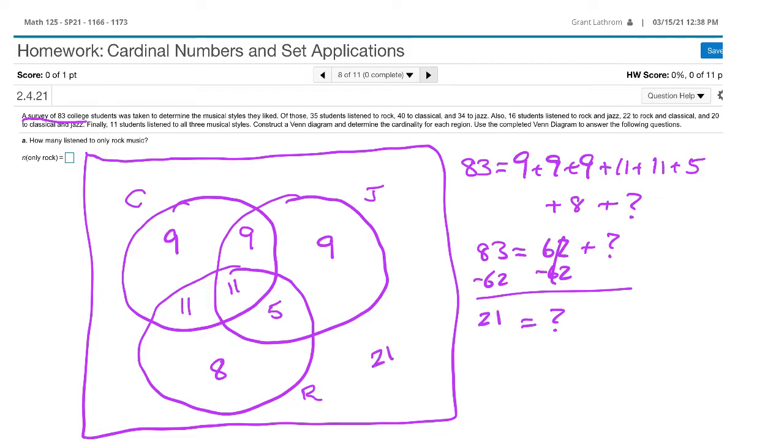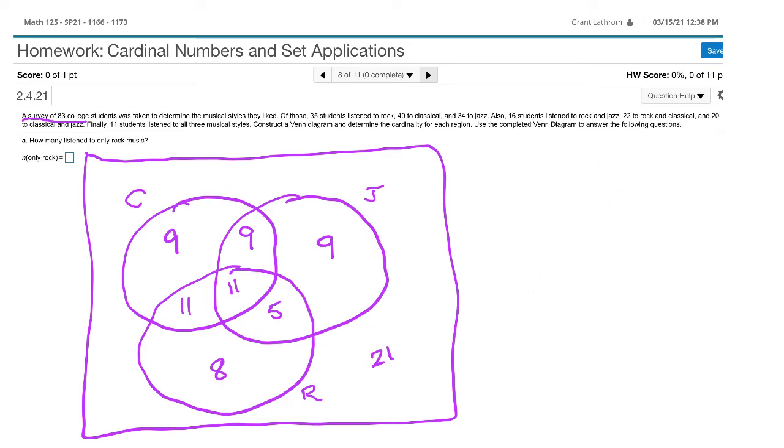And so with all of our regions labeled now, we're able to find the cardinality of every possible subset contained in this particular question. And so which one are they actually asking for? So what we want is the number which listen to only rock.